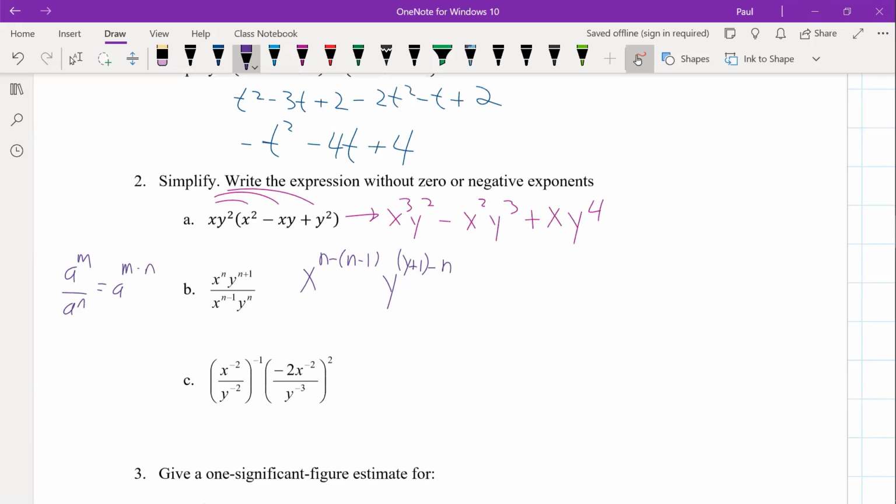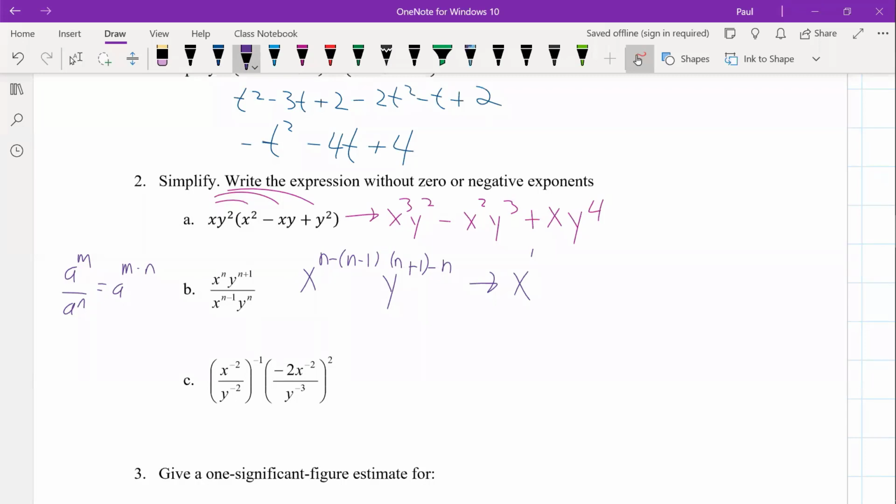n minus n is 0, and minus n minus 1 is plus 1. So this is just x to the 1. And y to the n plus 1 minus n.